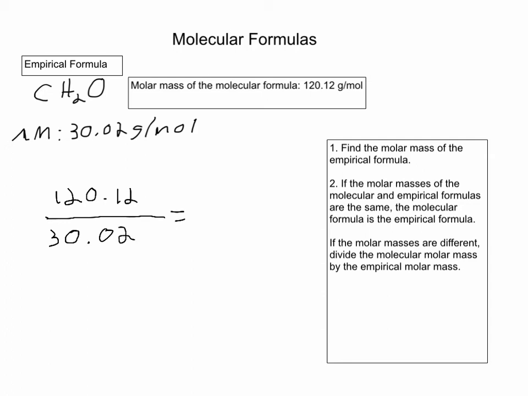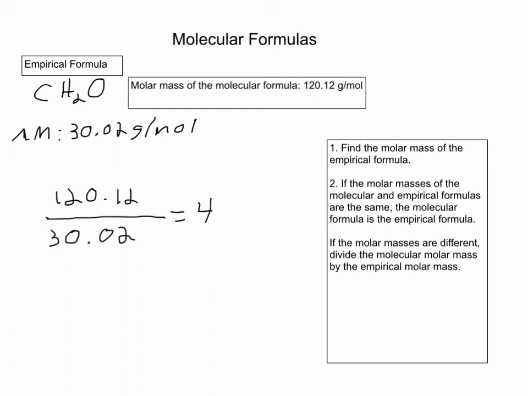And when we do this, we get 4. And when you do molecular formulas, usually this number is going to be a whole number or very, very close, meaning 3.9 or 4.0, 4.1. Those are pretty much the same thing as 4. That's just a significant figure rounding error. But in this case, we do get 4 when we divide the two.